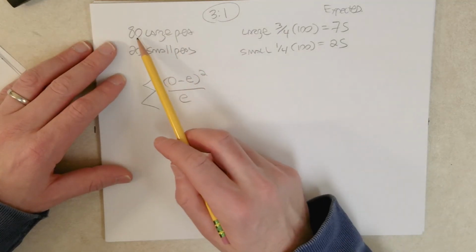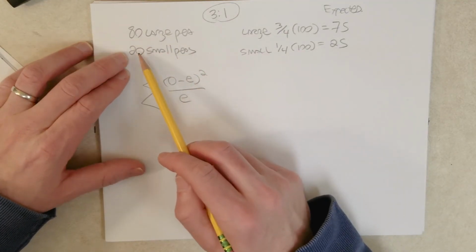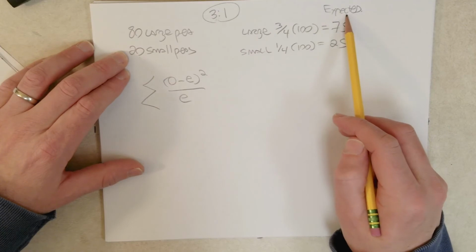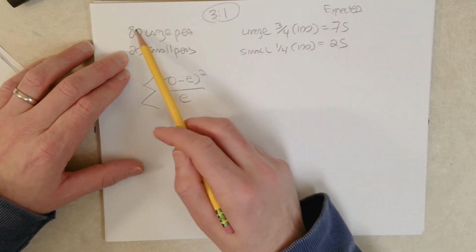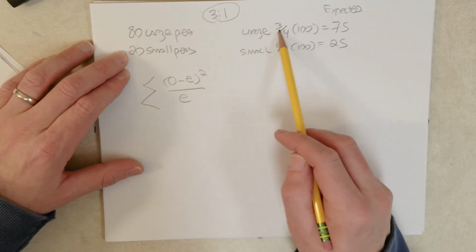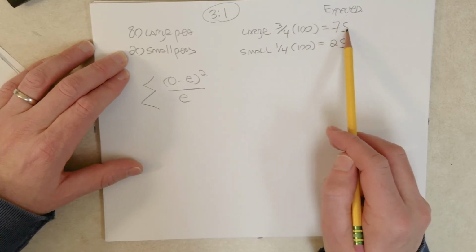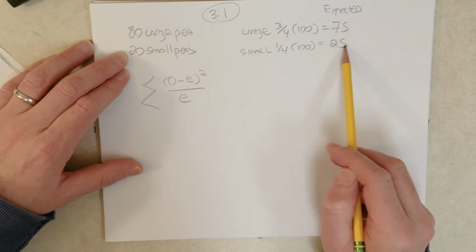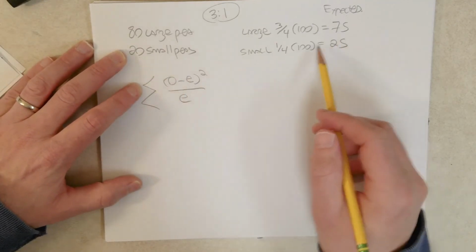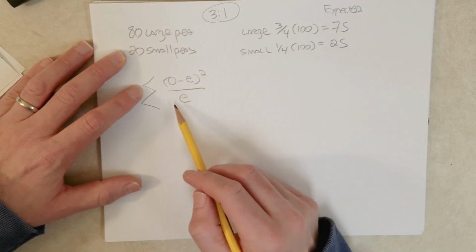So our observed were 80 large and 20 small, and our expected, we get that by totaling these and then going to our expected ratios, figuring out the numbers. Our expected are 75 large, 25 small. So now we're ready to use this formula here.